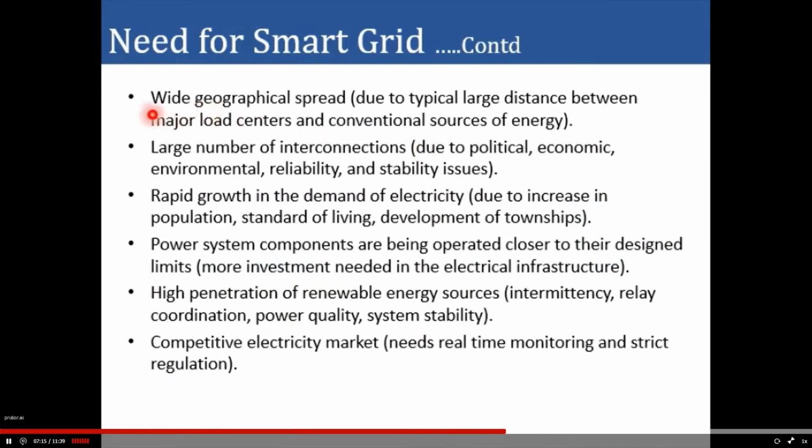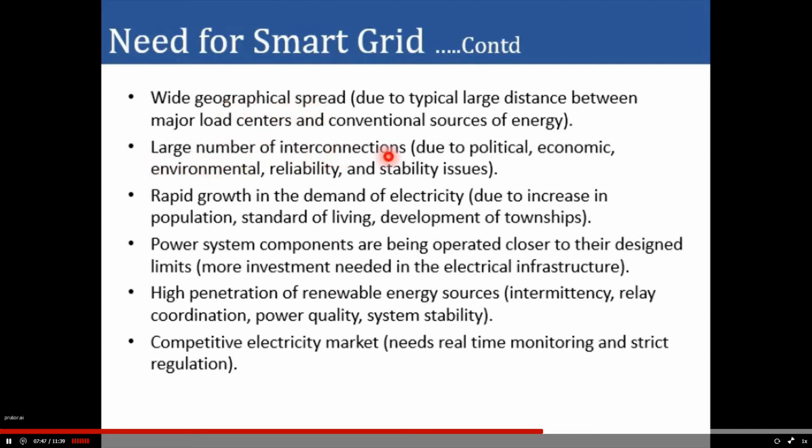The reason is that we now have a wide geographical spread of the power system network. When the power system network is large in size, monitoring and control of that network is a difficult task, and with the help of our conventional resources we cannot maintain proper monitoring of such a large network.